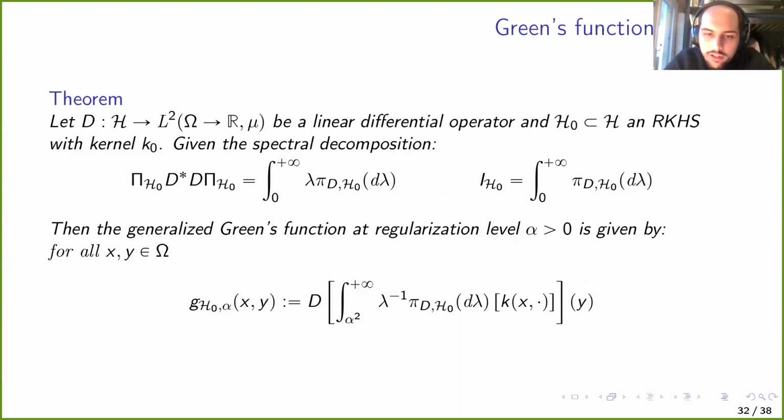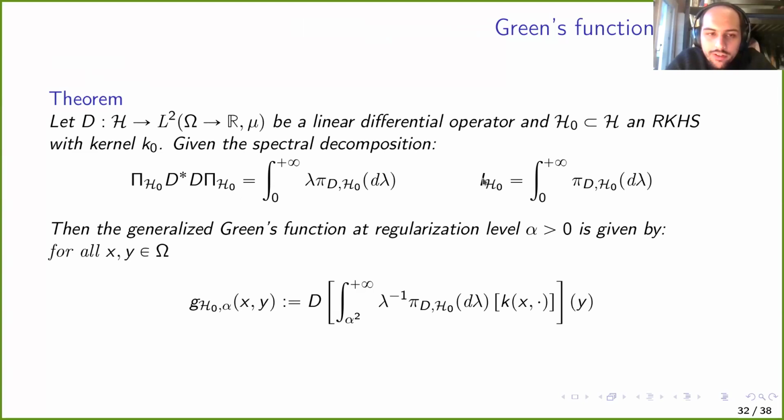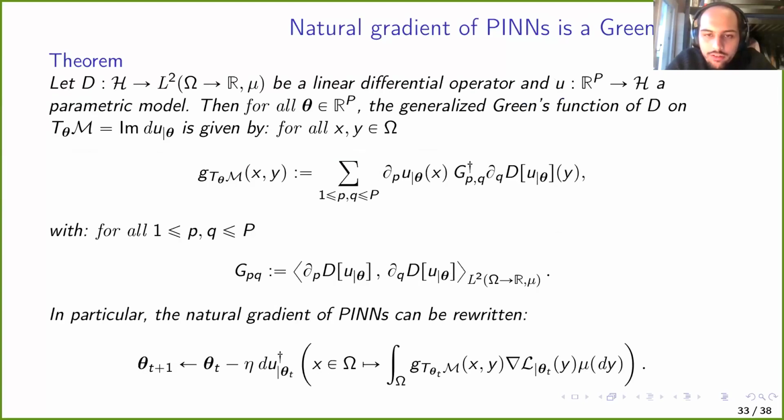This is a theoretical result, but the good news is that we can apply it to PINNs, because in this case the spectral decomposition is not so complicated. It's just the traditional one of matrices. We can define this object, which is essentially the same as the NTK, but instead of u theta, we have D of u theta.